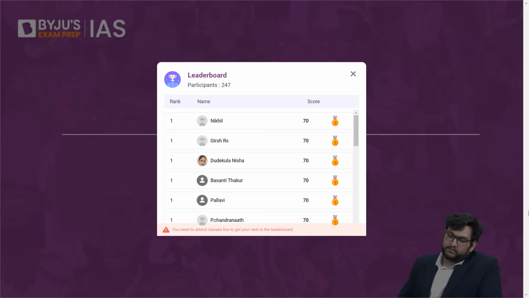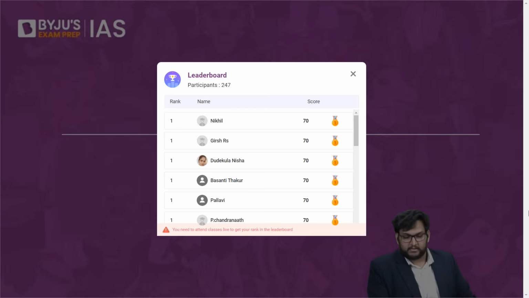Nikhil, Girish, Nisha, Basanti, Pallavi, Chandranath, Neha, Shaimil, Ritu, Karthik, Anushri, thereafter Shabir, Abhishek, Shomo, Abhijit, Divya, Pooja, Chaitanya, Femina, Shipra, Vivek Bhushan.